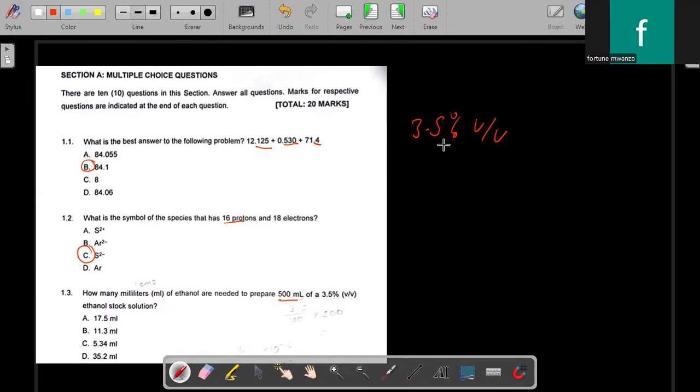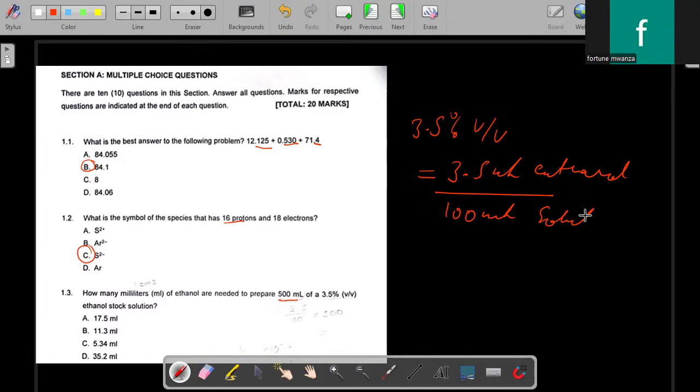This means that you have 3.5 milliliters of ethanol, which is the solute, in 100 milliliters of the solution. That's what percentage volume by volume means.